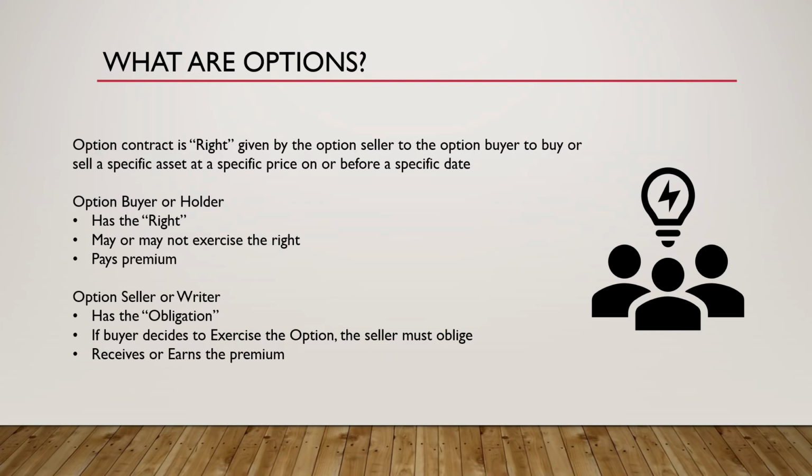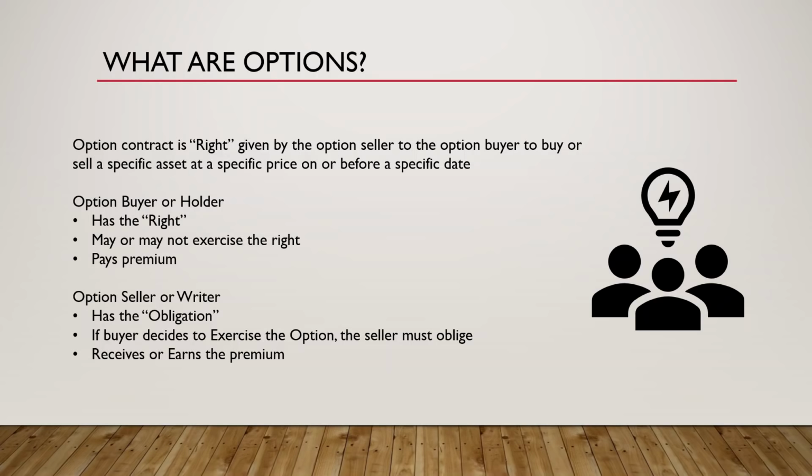So, what are options? Options is a contract which gives you a right to buy an option at a certain price, a specific asset at a specific price on or before a specific date.